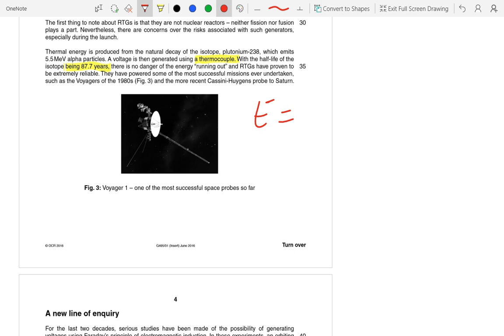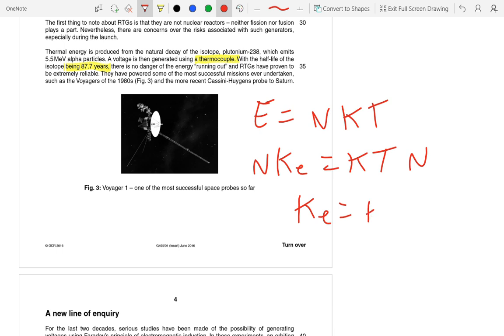You sometimes use 3/2, but it shouldn't matter too much. N times E equals N kT, so it's the kinetic energy of the alpha particles. So the total number of alpha particles times their kinetic energy equals kT times N again. So your kinetic energy will relate to kT in some way, and then you'll be able to work out the temperature at one side. But it'll point you in the right direction if that's what you need to use.